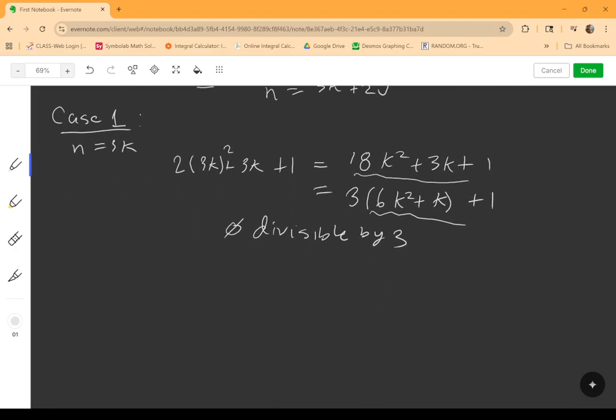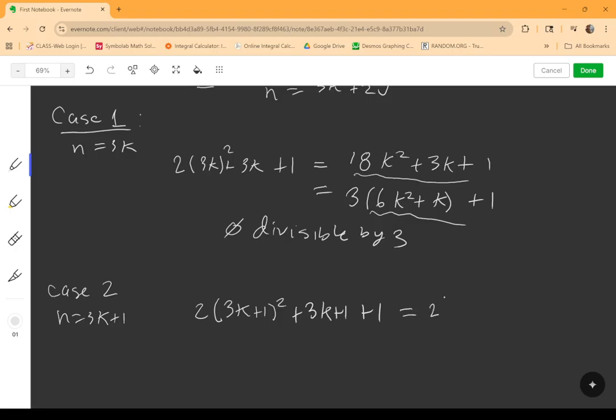So now let's look at case 2. Case 2, we have n equals 3k plus 1. So we get 2 times (3k plus 1) squared plus 3 times (3k plus 1) plus 1. All right, let me simplify here.